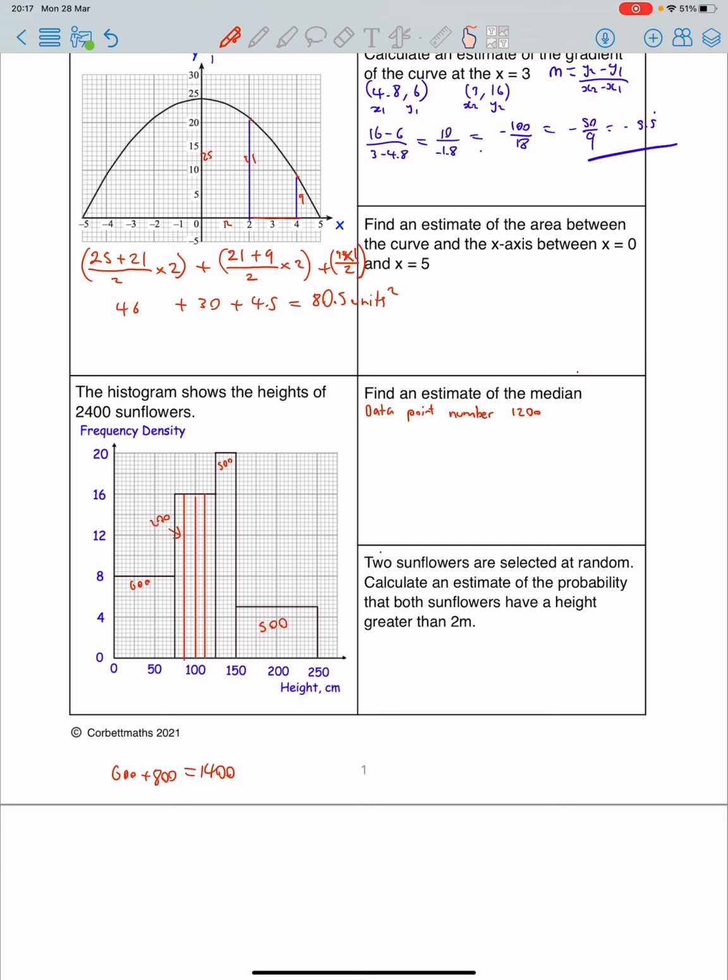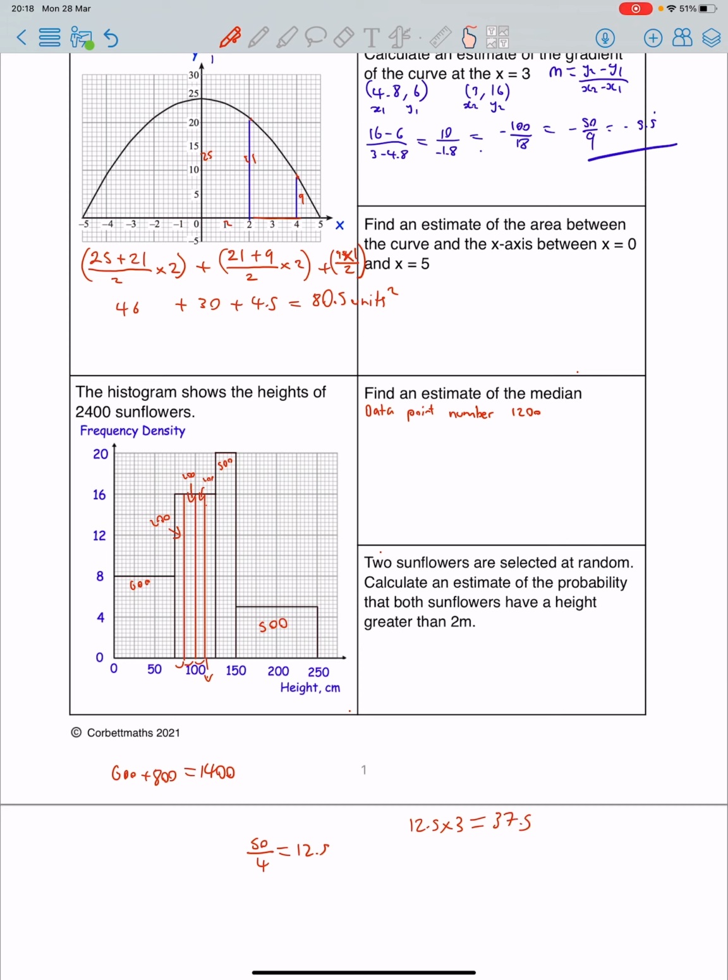So if I've split this interval into 4 pieces, from 75 to 125, that is 50. 50 over 4 is about 12.5. And each of these jumps would be 12.5, 12.5, 12.5. 12.5 times 3 is equal to 37.5.